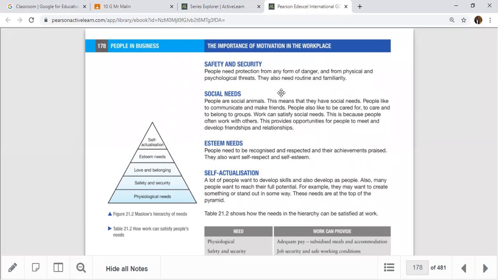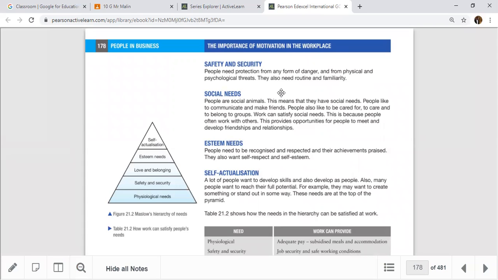This provides opportunities for people to meet and develop friendships and relationships. The next point is esteem needs. Esteem needs means people need to be recognized and respected and their achievements praised. They also want self-respect and self-esteem, like the promotion I mentioned.